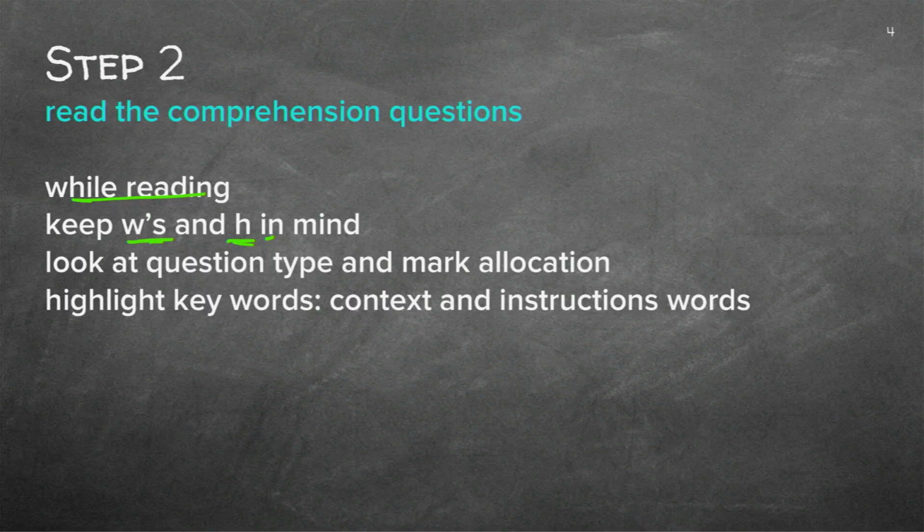What aspect of his background does this question want to know more about? You look at the question types and the mark allocations. You highlight keywords, instruction words, and aspects of the context that stand out.